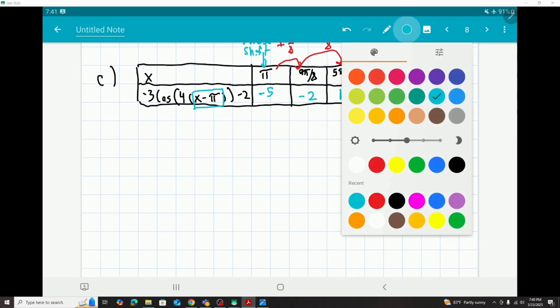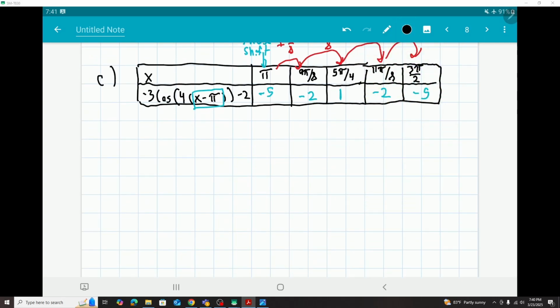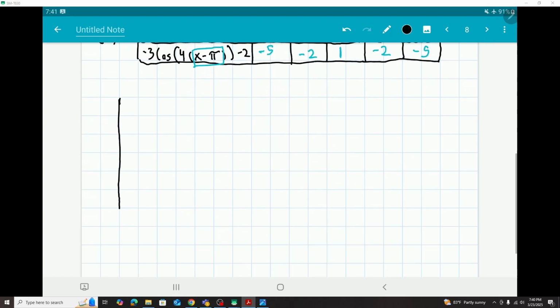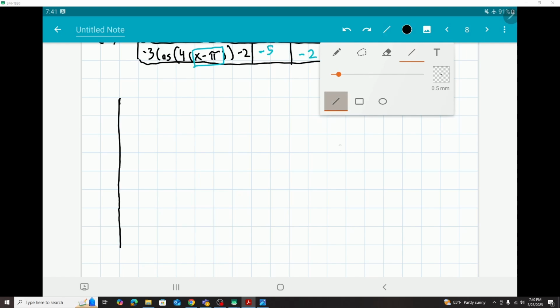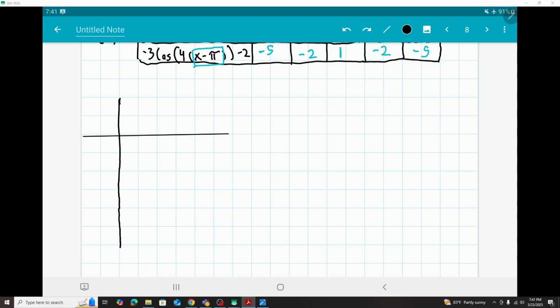And so now what we do is it said graph 2 full periods. So I'm going to skimp out a little bit and not draw the entire graph. I know that I'm mostly below. I'm also going to cheat and draw a horizontal line with the tablet.